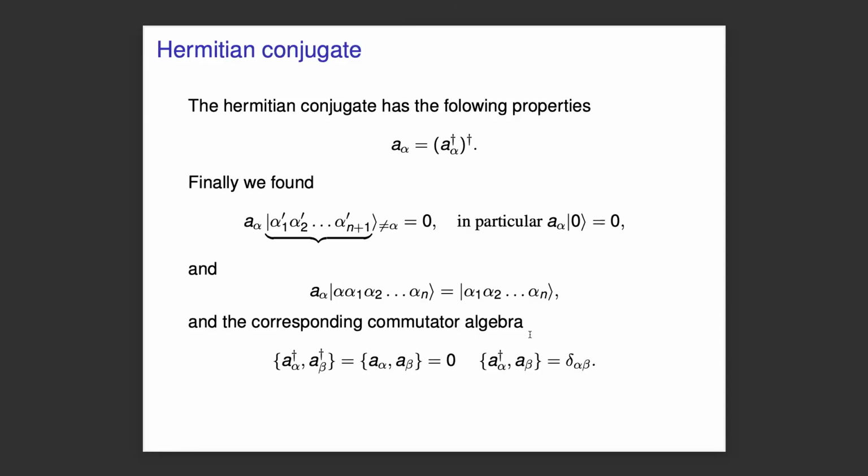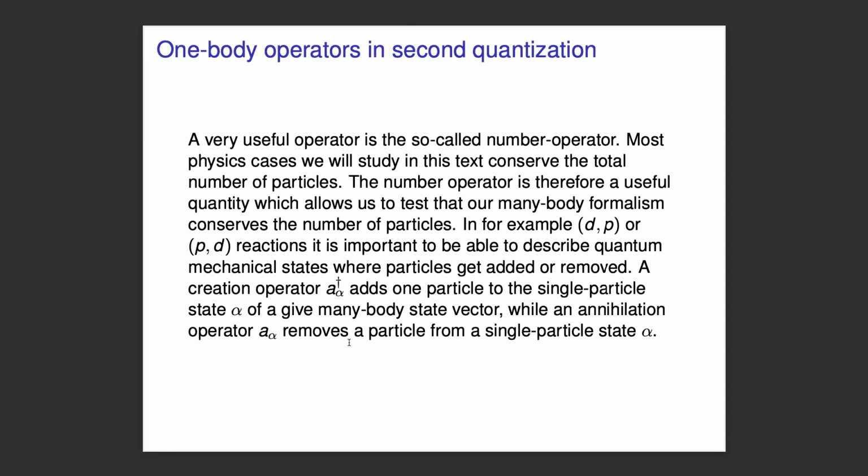We also have the annihilation operator, which is just the Hermitian conjugate of the other operator. And then we found these commutator algebras for fermions. So these are the fermion creation and annihilation operators. And these are the quantities which we will use basically throughout this course here.